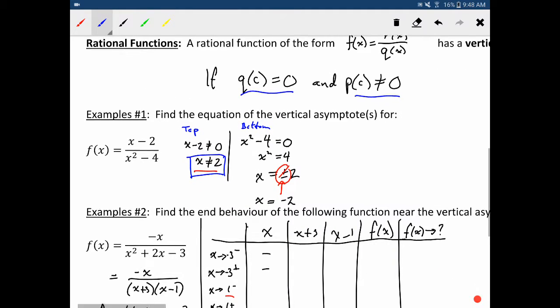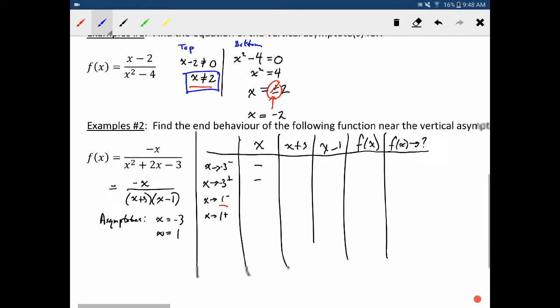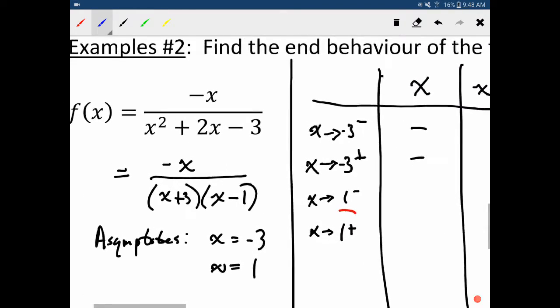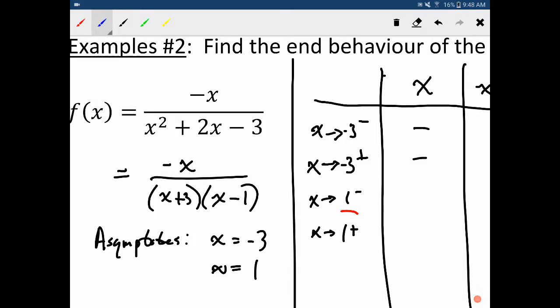Okay? So we're going to look at this function here, a more complicated function, and what we're trying to do is describe, we want to know, is our function approaching infinity, or is it going down and approaching negative infinity as we go towards the asymptote from either side. So what you do is you're going to factor the whole thing.